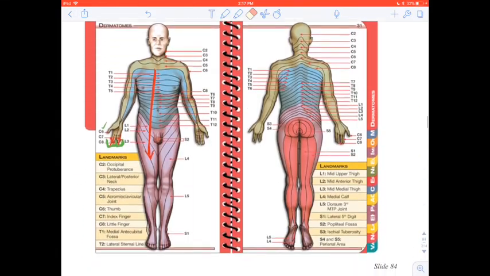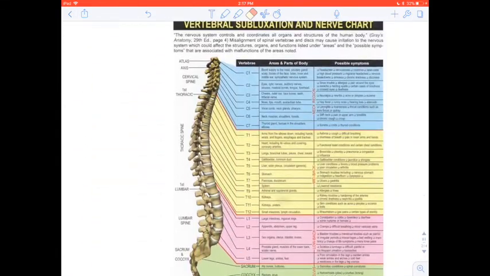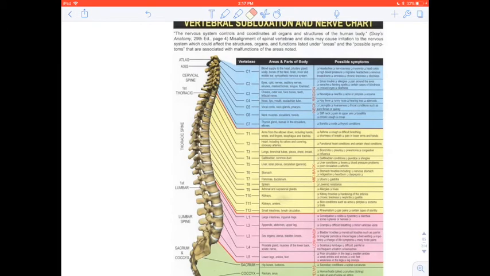All right, so here you can see this is a subluxation chart, and this is kind of the guiding principle if you look at things like chiropractic therapy or osteopathic manipulation therapy. Right? The idea is if any of these vertebrae are out of line, they put pressure on these nerves coming out.